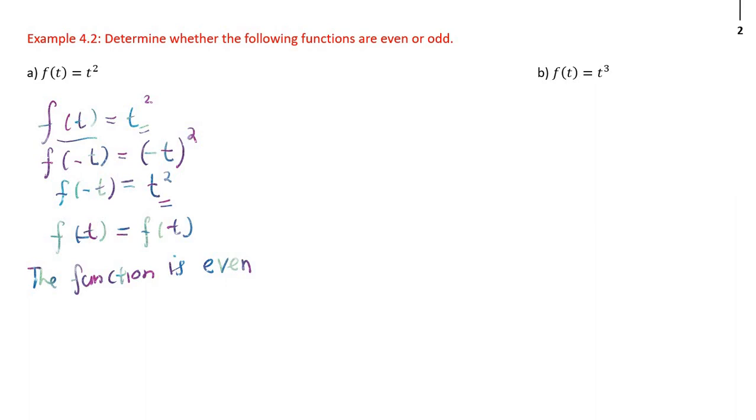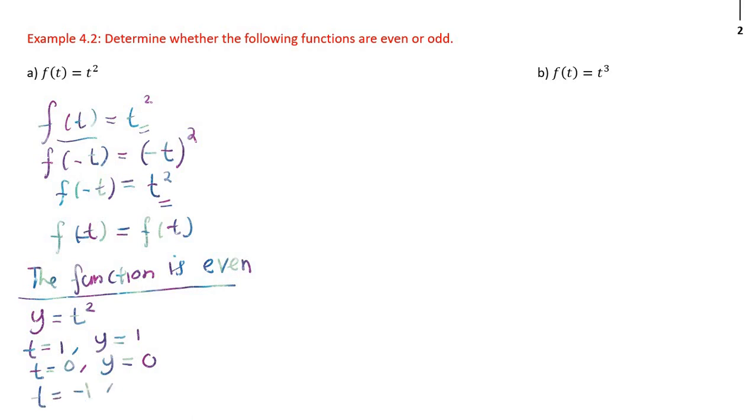And you can draw the graph. If you want to draw the graph, we have y equals t squared. When t equals 1, y is 1; t equals 0, y is 0; t equals negative 1, y is 1.